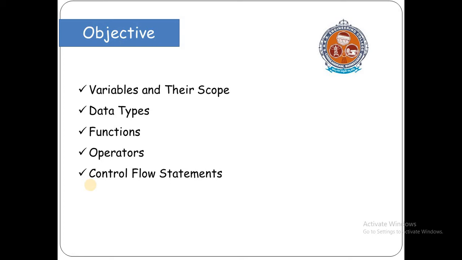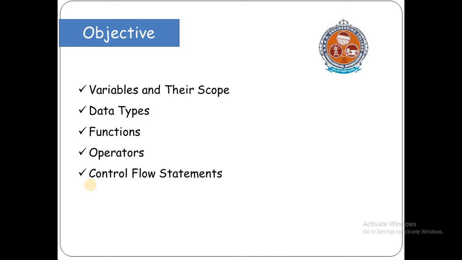The main topics in JavaScript programming are, first, variables, and we are going to see the variables and their scope in this video, then data types and functions, and if there is time, the operators and control flow statements also. This language is very similar to the C language, so I'm not going to discuss it in depth.